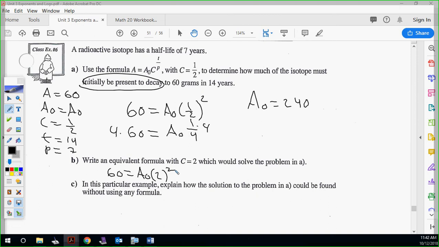They want you to write the 2, so what would you change? How do I write 1/2 as 2? A base of 2 with a negative exponent, so we'd call it negative 2. They're just showing you to use your exponent skills. Why negative? Because we're changing 1/2 to 2, so we flip, and flipping changes your exponent to negative. They're asking you to write with a base of 2 instead of 1/2.